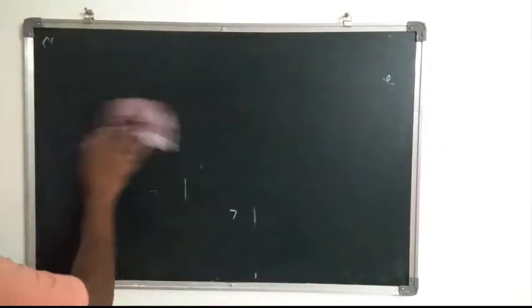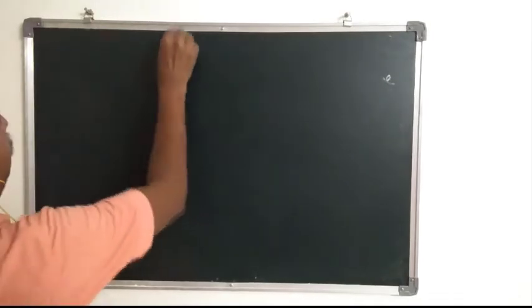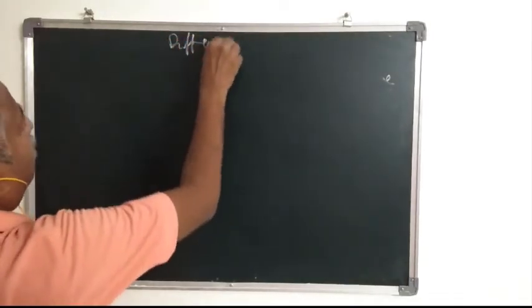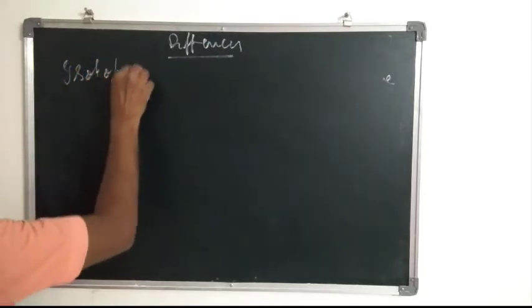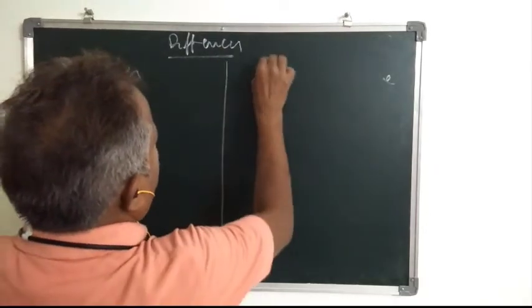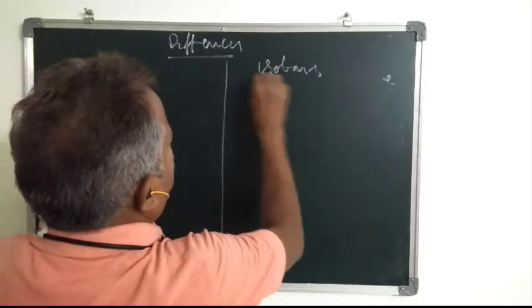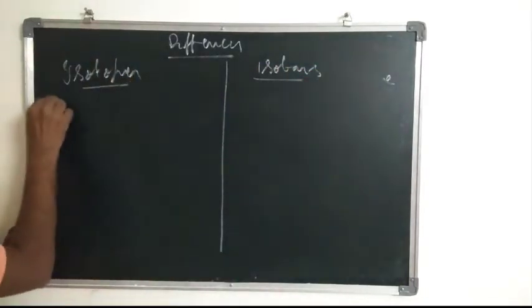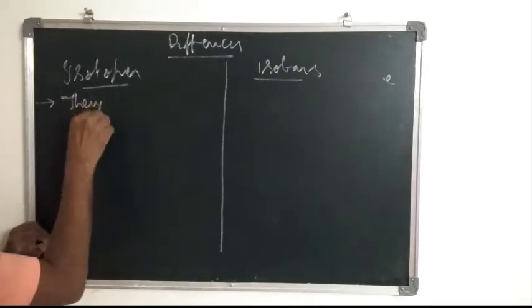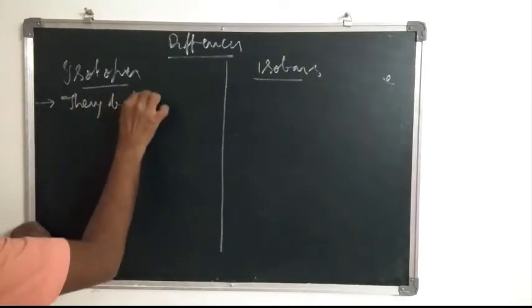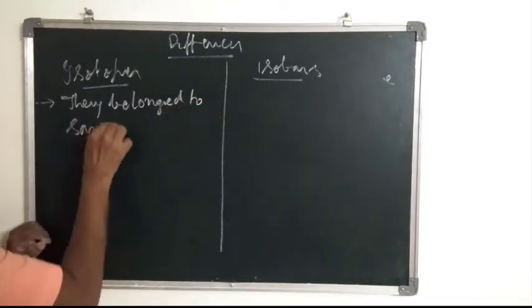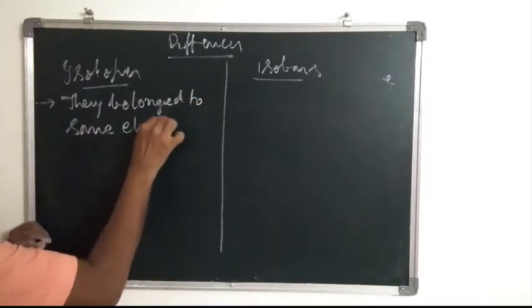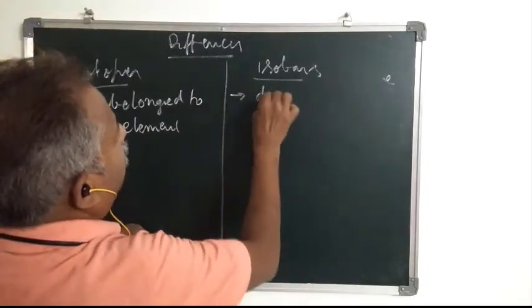Now let us see the differences between isotopes and isobars. Isotopes belong to the same element; isobars belong to different elements.